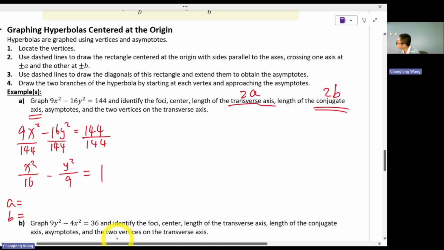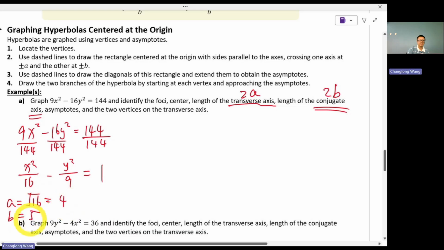So what do you say? How much is A? Given the standard form of this, just to remind you, a horizontally opening hyperbola. What do you think A will be? 4. It's the square root of 16.